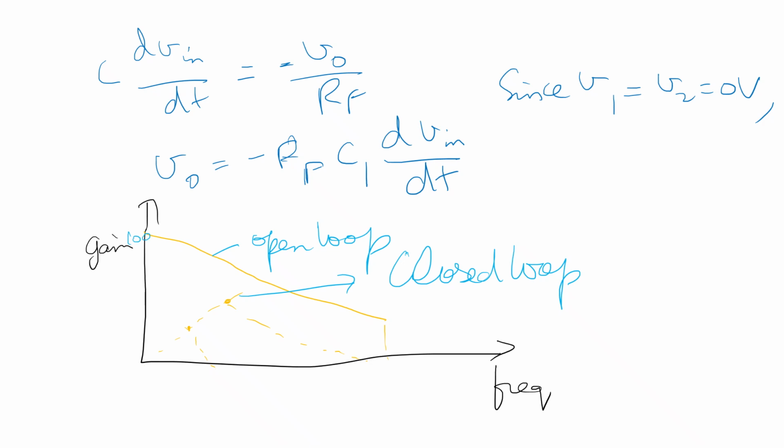Here both the stability and the high frequency noise problems can be corrected by the addition of two components, R and C. This circuit is a practical differentiator circuit, the response of which we have discussed now.